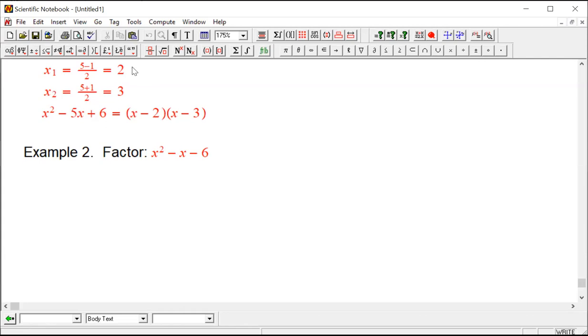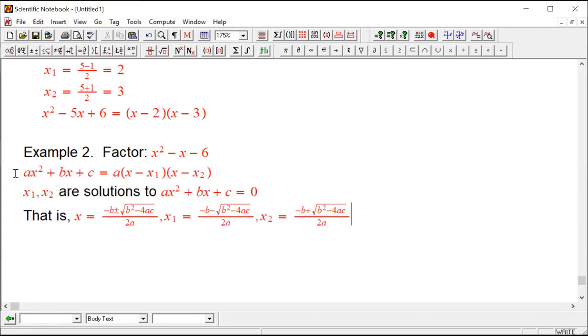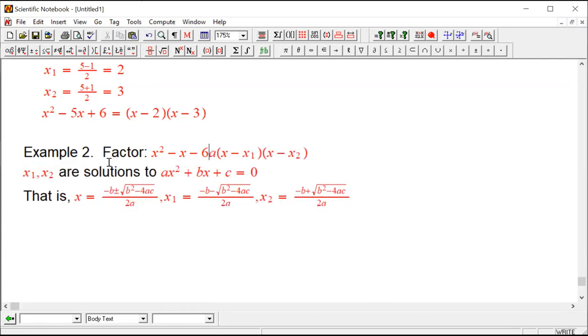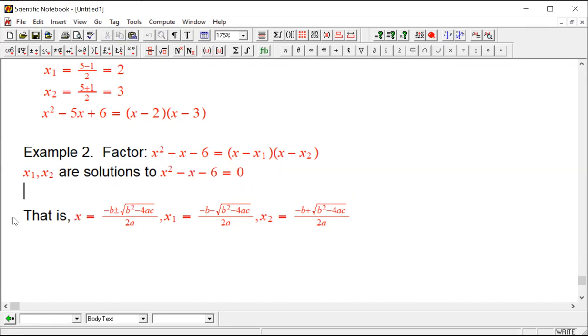No problem. It's going to be this form. a is 1 and 1 can be omitted. We just need to identify x1, x2, the solutions to this quadratic equation, and plug in.